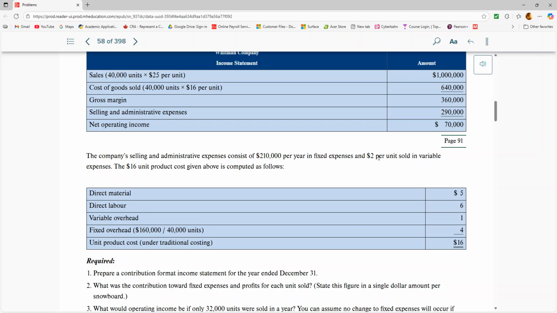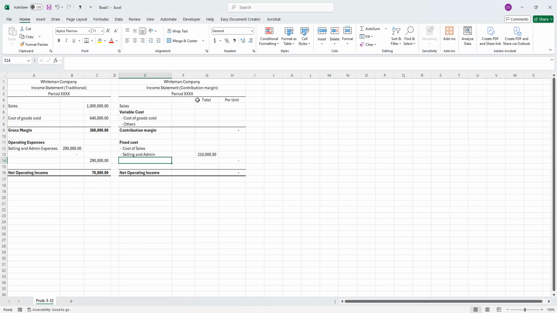So $2 per unit. Here I'm going to put that in the bracket, 40,000 units. Because you need to know that whenever you're doing the contribution margin income statement, this particular statement that you're working on is based on how many units. So here I'm going to copy this selling and admin again, and now I'm putting the selling and admin variable cost.